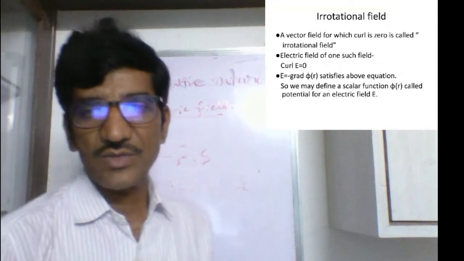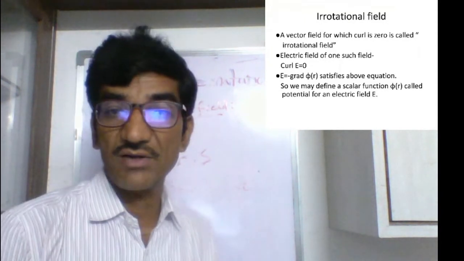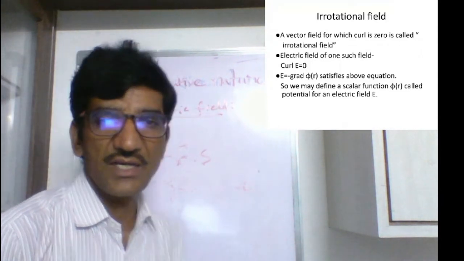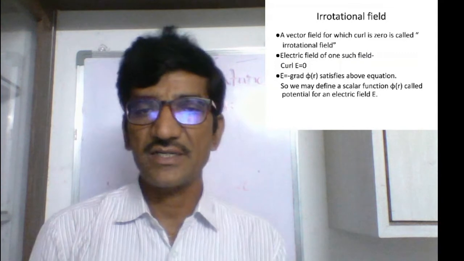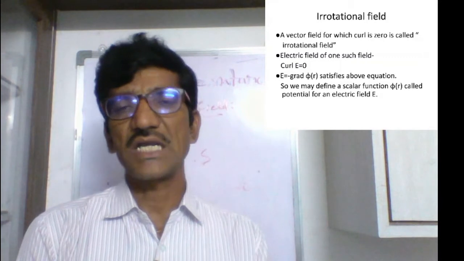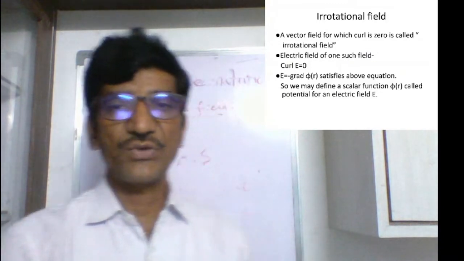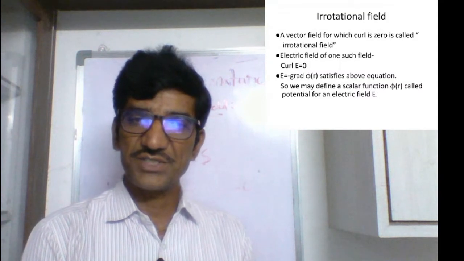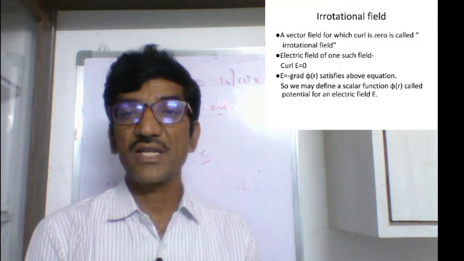This statement is equivalent to the previous statement, the closed integral of E dot dl is equal to 0. Whenever a field is called an irrotational field, then you have one mathematical statement: curl E is equal to 0. Curl shows you the rotation of a vector. Here our vector is E. The rotation of the vector E is 0. That's why it is called an irrotational field.